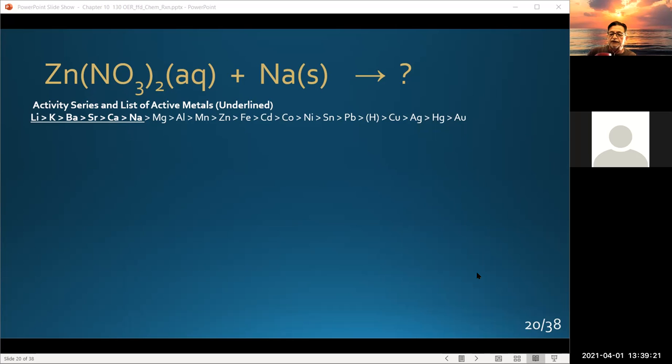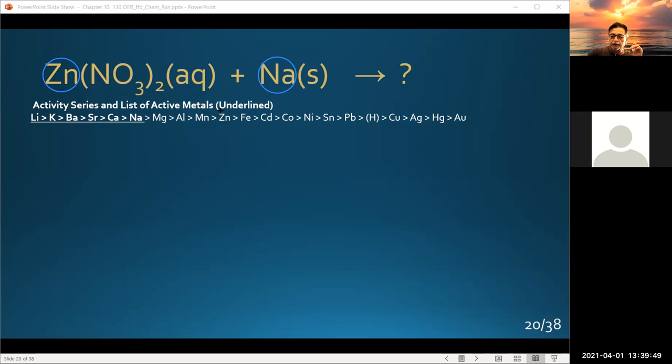This reaction, we have zinc nitrate in the presence of sodium. Okay. Zinc nitrate in the presence of sodium. And so what we are interested in is just the metal. In this case, we're going to compare zinc versus sodium on the activity series.